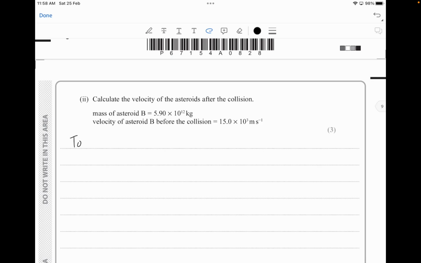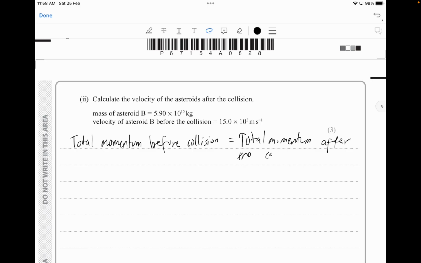So we can write down that the total momentum before the collision is equivalent to the total momentum after the collision. It's using P equals m times v, where the momentum is equivalent to the mass times the velocity.